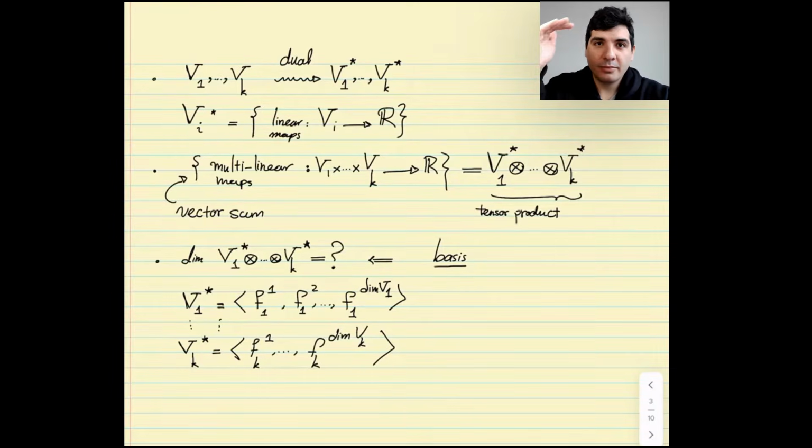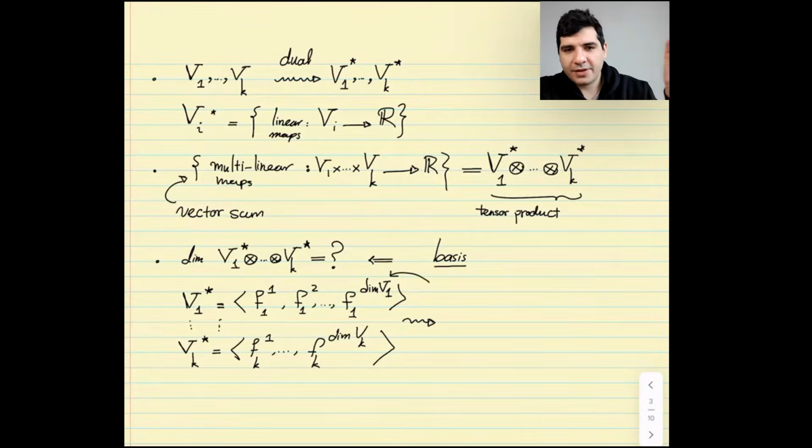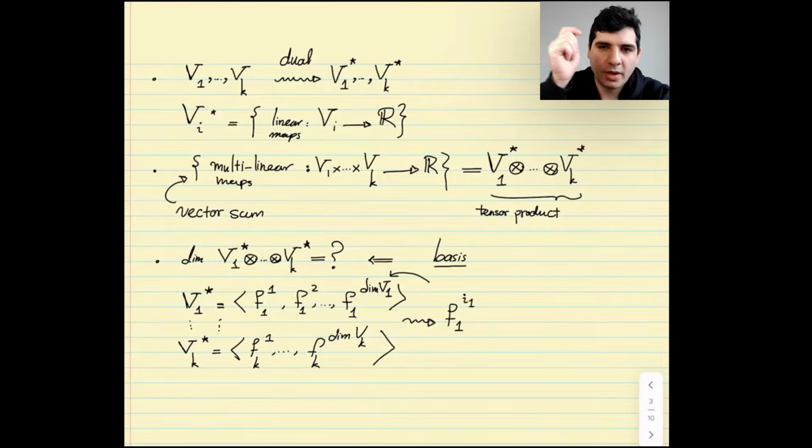So now we have a basis for each of these vector spaces. From these, I can construct a basis for the tensor product space. Look at the first line. Pick any of these F1i's you want. Let's denote that with F1,i1. Let's look at the second line, V2 star, which I have not written.